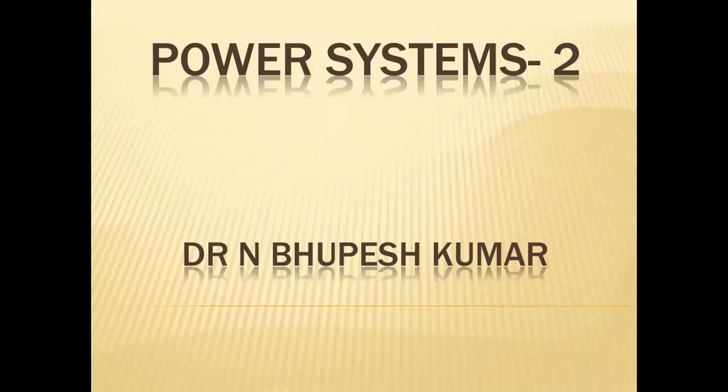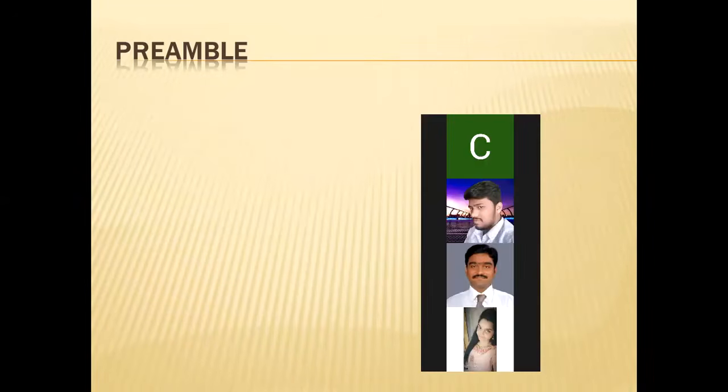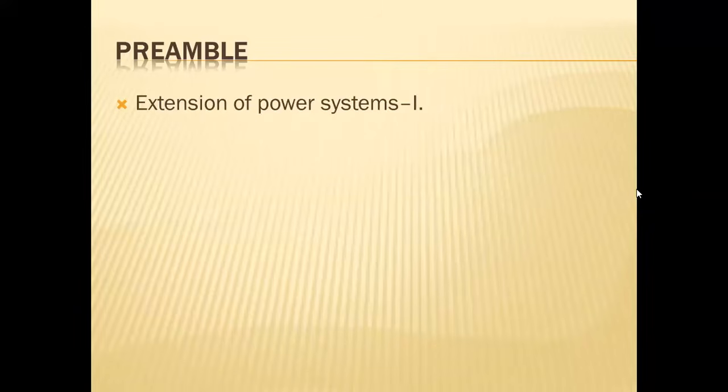You have already studied power systems 1, where you have learnt about construction, operation principles of various generating stations, operational aspects, and various issues that are to be considered for economical operation of the plant, and the tariff with which we have to charge the consumer for his utilization of electricity. It is an extension of power systems.